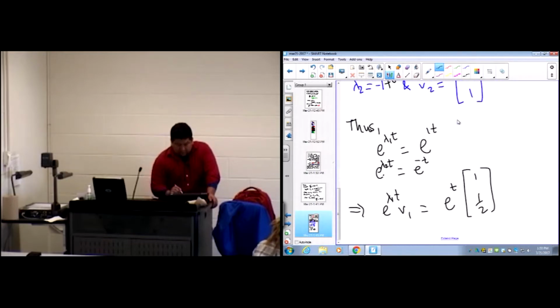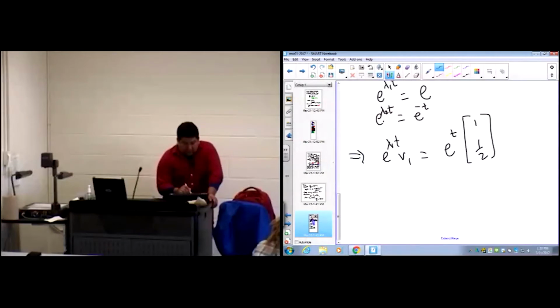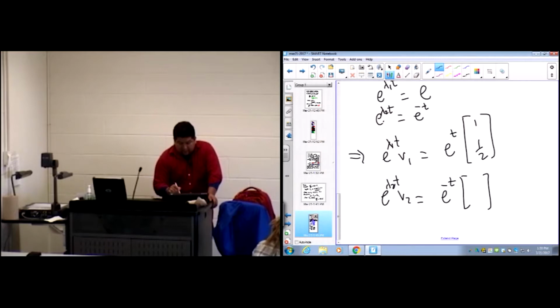So e to the lambda 1 t v1 becomes a vector with entries e to the t and e to the t over 2, while the other calculation, e to the lambda 2 t times v2, becomes a vector with entries 0, e to the minus t.